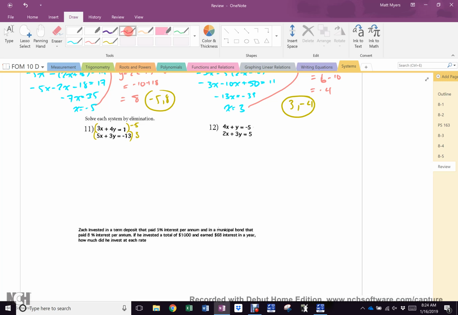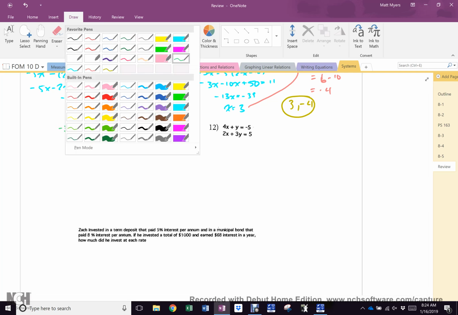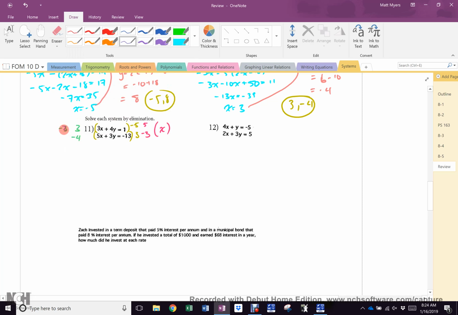Or you're going to multiply this guy by 5 and this guy by negative 3. That will get rid of the x's. If you want to get rid of the y's, you're going to multiply this guy by 3 and this guy by negative 4, or this guy by negative 3 and this guy by positive 4. I should change color so all 4 are different colors. Purple. And that'll get rid of the y's. Just depends on what you want to do, right?